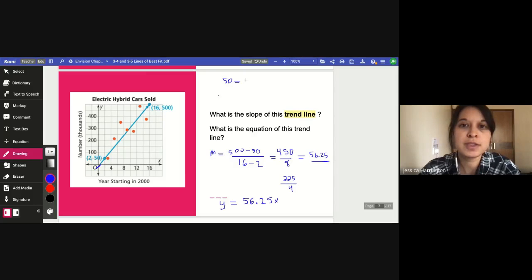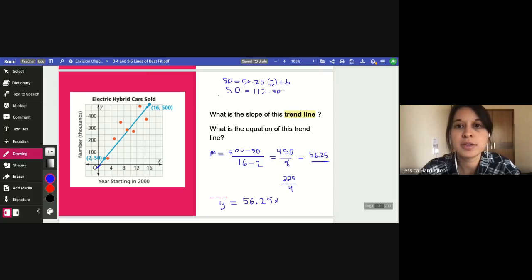So I could say that 50 equals 56.25, and then my x is 2, right? Times 2 plus b. So we're solving for b. So this ends up 50 equals, well, what's 56.25 times 2? That is 112.50 plus b.